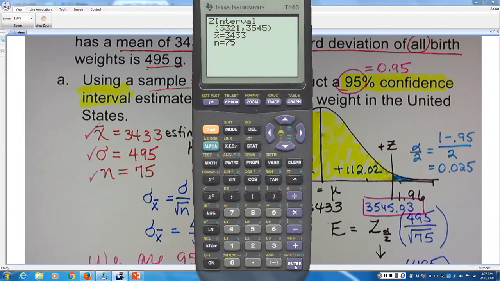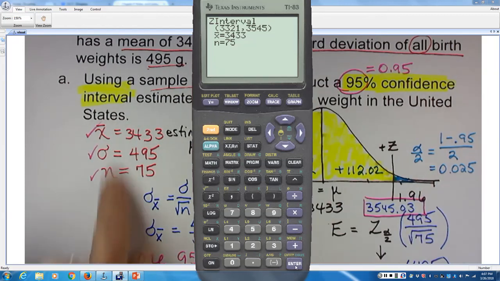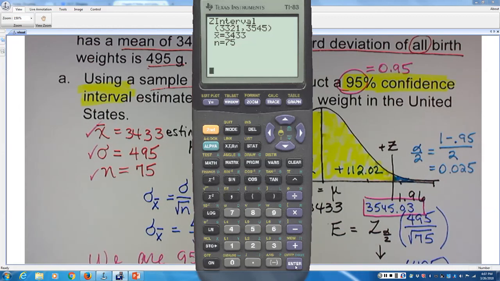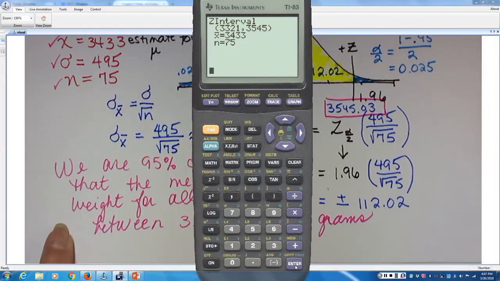And there's your answer. Okay? So all that time we spent doing all of this, it takes just long enough to punch the numbers in the calculator. Okay? And we can go straight to the conclusion.